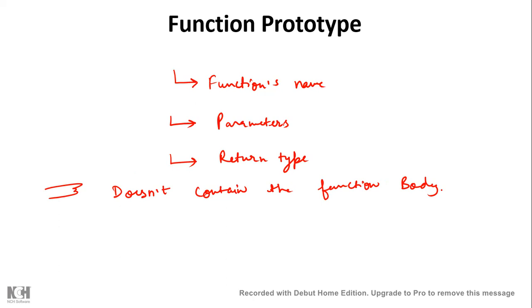A function prototype gives information to the compiler that the function may be used later in the program, but as of now this is only a declaration part, there is no definition here. So the syntax will be like: we have the return type, then the function name, then the arguments.